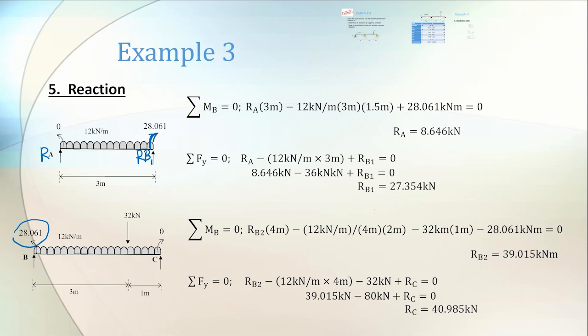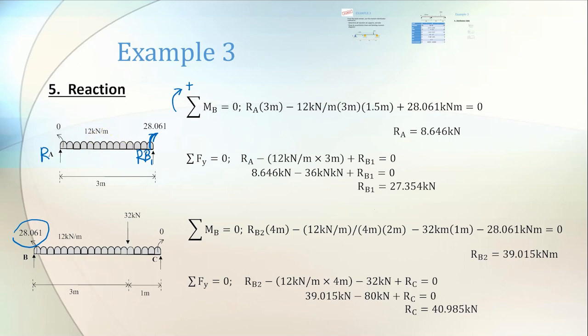We do beam AB first. So total moment at B I take equal to 0, which means equilibrium. So RA going to B, you multiply by its distance, which is 3 meter, and then you have UDL 12 kilonewton per meter.